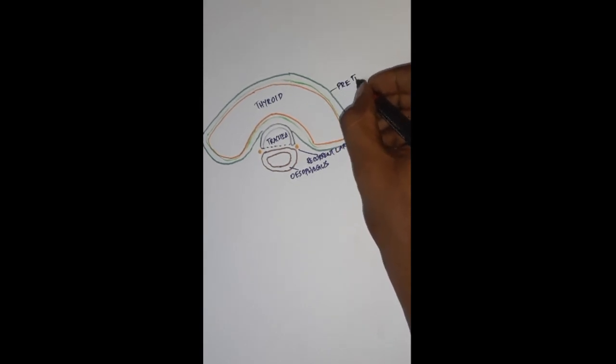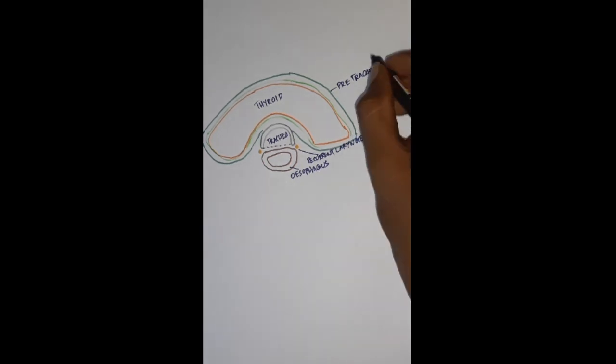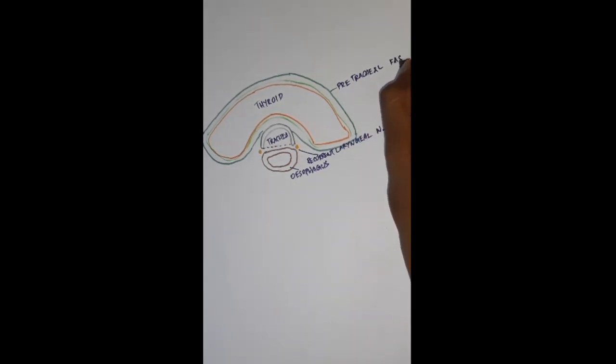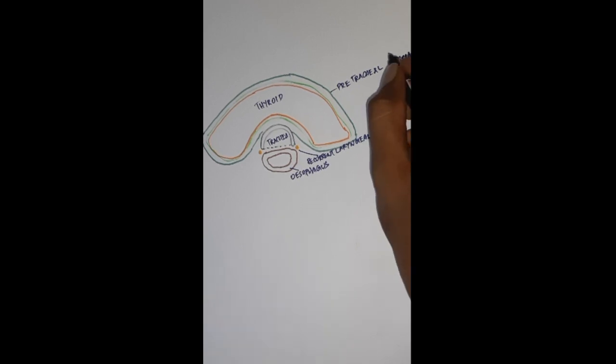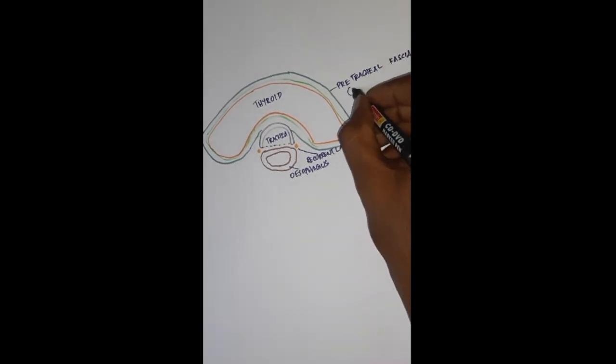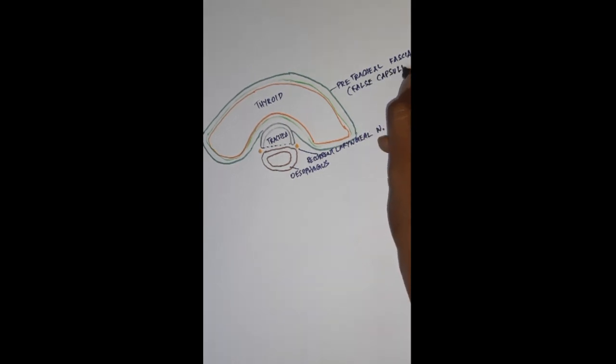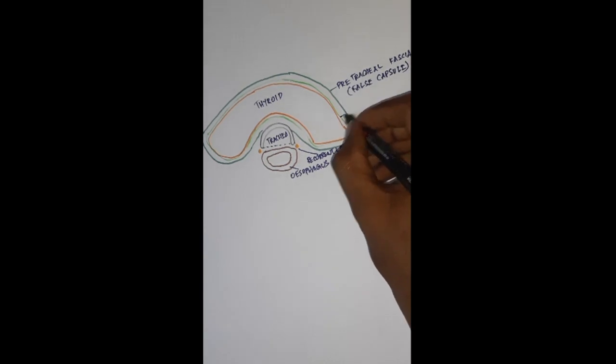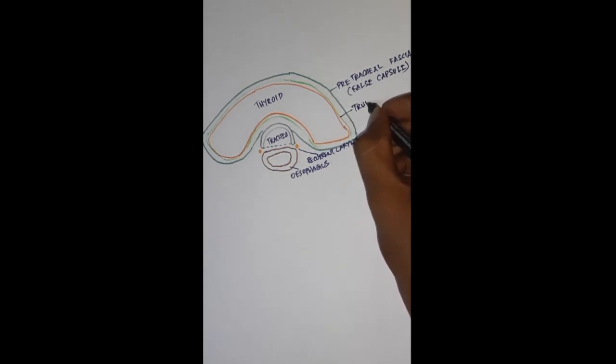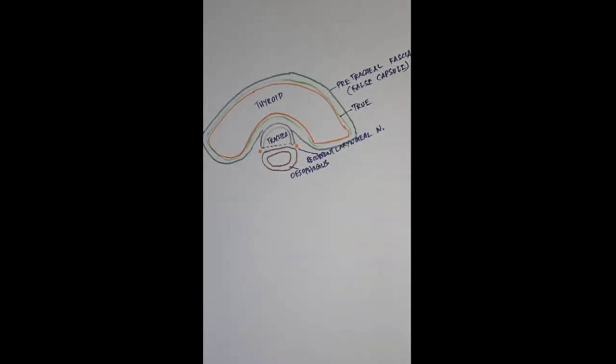Remember, the false capsule is always outside. The true capsule is a condensation. The one that I drew in light green color is the true capsule, which is very close to the gland, formed by the condensation of the gland.